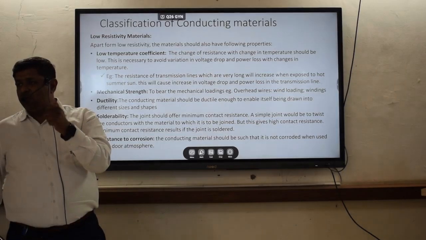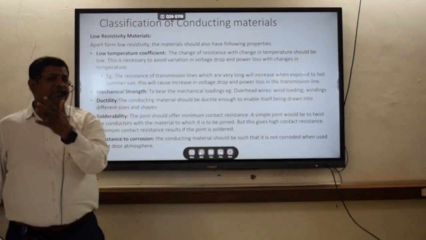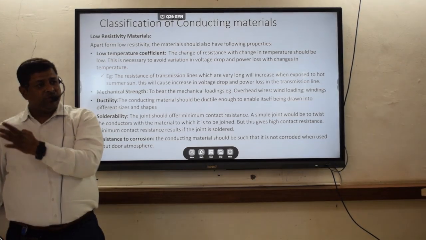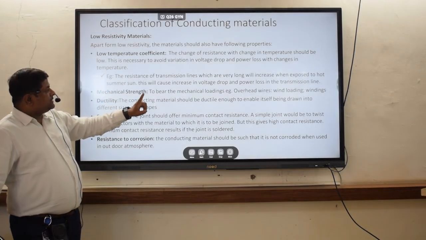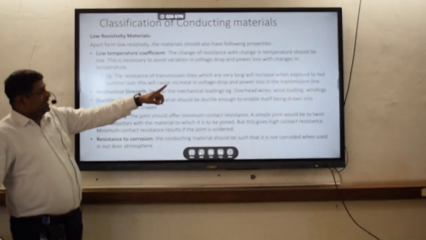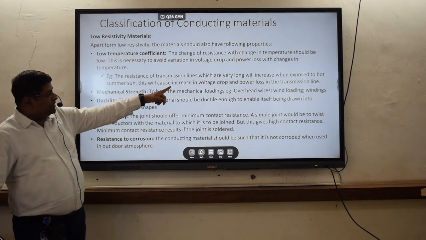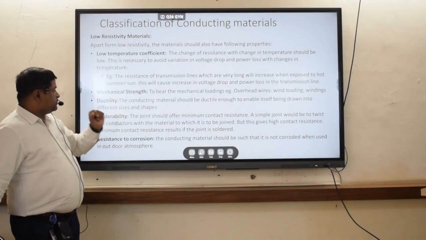Otherwise more power losses and more voltage loss will be there, and whatever amount of power is transferred from one place to another may not be sufficient. This will cause an increase in voltage drop and an increase in power loss. So आपका loss हो सकता है उसमें.